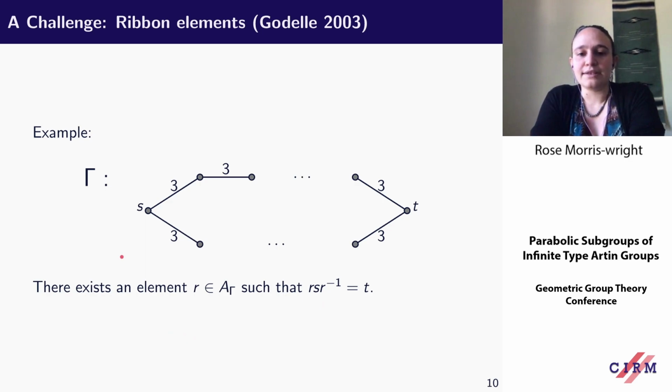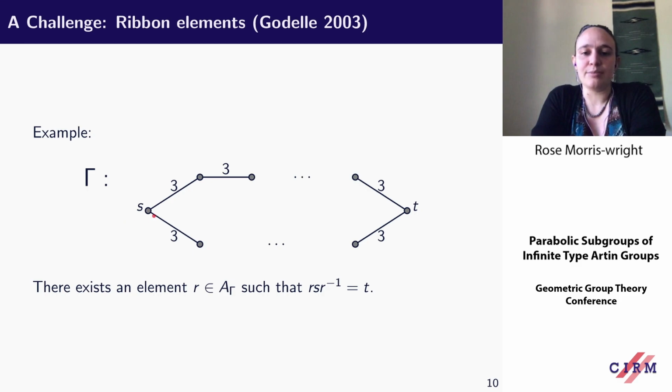So in this example, I have my defining graph is a very large n-gon. I've just got this big long loop in the graph, and all of the edges are labeled 3. They could really be any odd number. And there are elements where when I conjugate by that element, I permute the vertices on the edge.